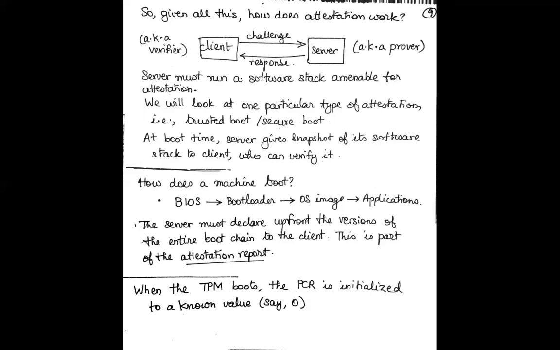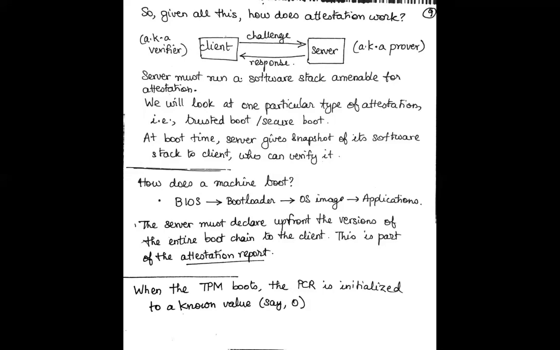Okay. So in order to understand this, let us look at how a machine boots. When a machine boots, this is what happens. The hardware loads up a piece of software from a fixed location, and that piece of software is called the BIOS, or the basic input output system. That BIOS then loads up something called a bootloader, which is the screen that you see typically when you start your machine.